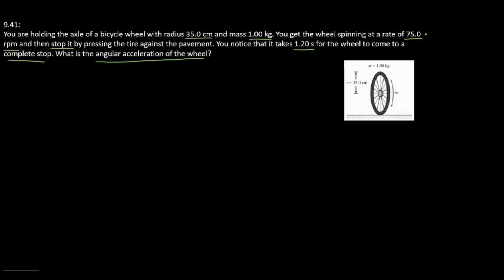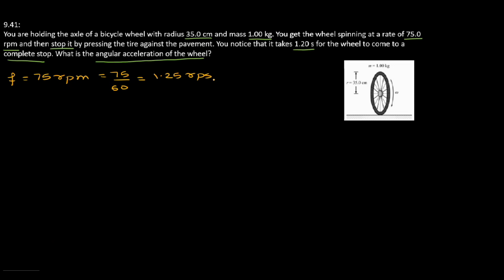So this value 75 RPM is the value of your frequency F. You can convert revolution per minute to revolution per second by dividing this value by 60, and you get the value in revolution per second as 1.25 RPS. RPM means revolution per minute and RPS is revolution per second.